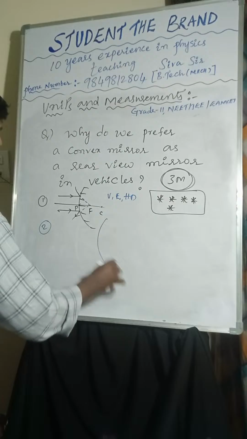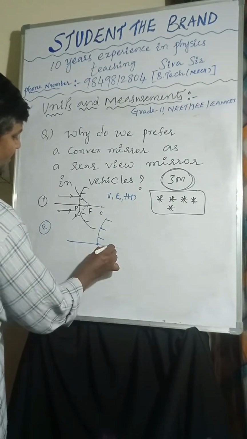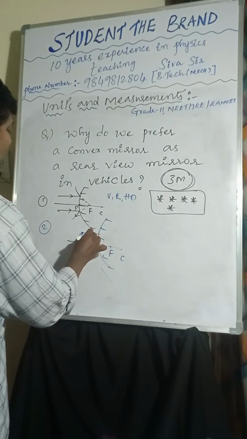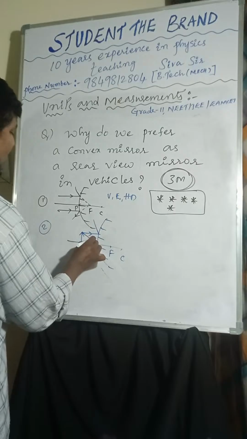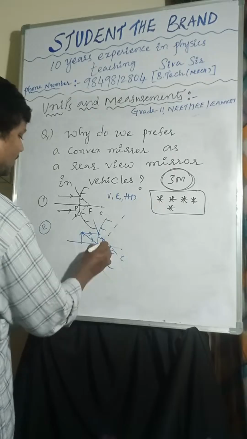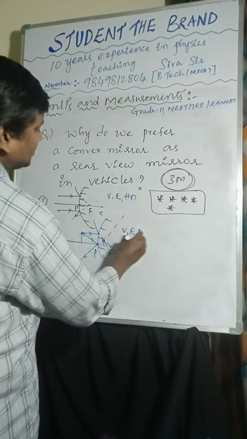Second case: this is the pole, focus, center of curvature. The object is placed here. One light ray I am taking will be reflected, and another light ray is incident at the pole. If you extend these light rays, the image will form here. Here also it is virtual, erect, and diminished.